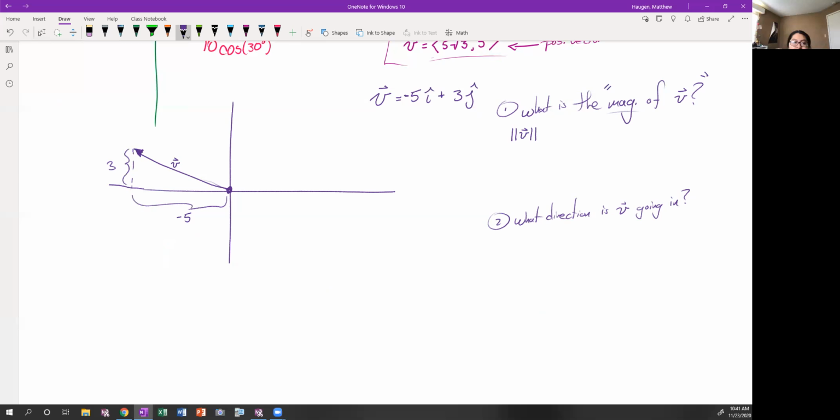Pythagorean theorem. Good old Pythagorean theorem can handle it. Now that would give us the square of the magnitude, but since all magnitudes are positive, we can just take the square root. So it would be the square root of -5 squared plus 3 squared. That's going to give us magnitude.